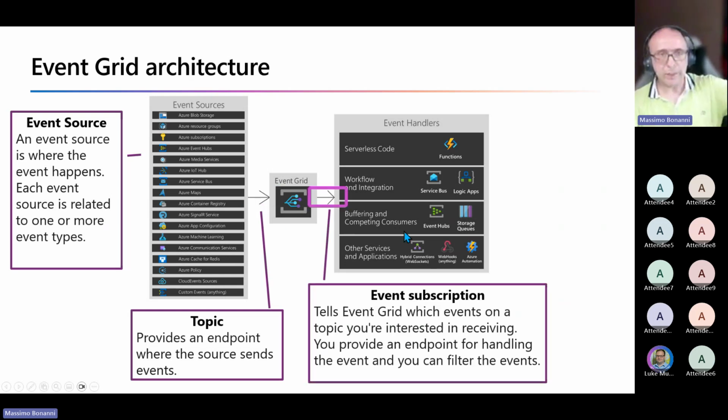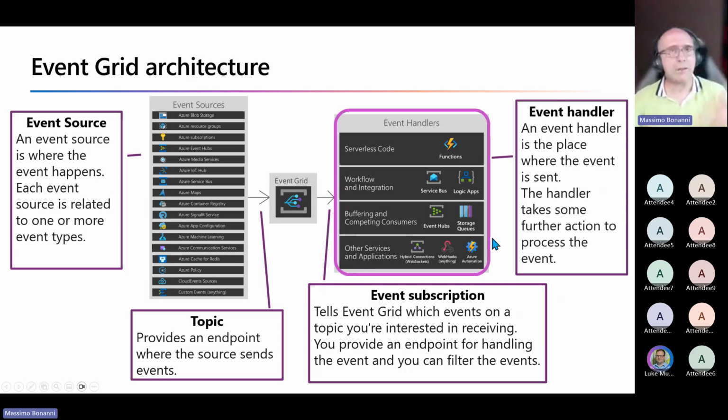So you say, hey, Event Grid, take the events produced by a particular resource and route those events to a handler. A handler may be a function, maybe a service bus, maybe a logic app, also maybe a custom webhook.